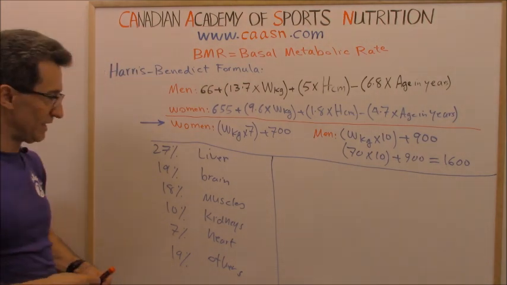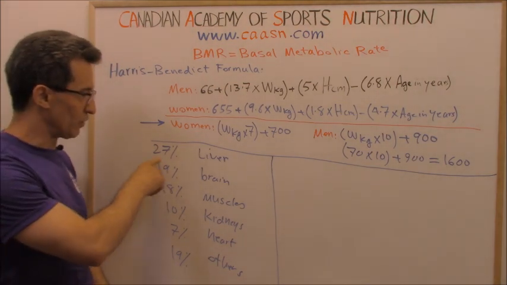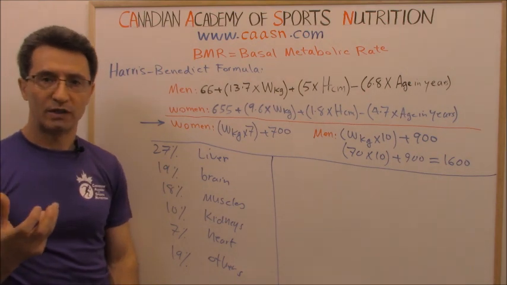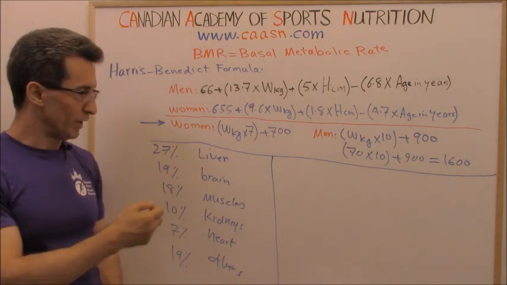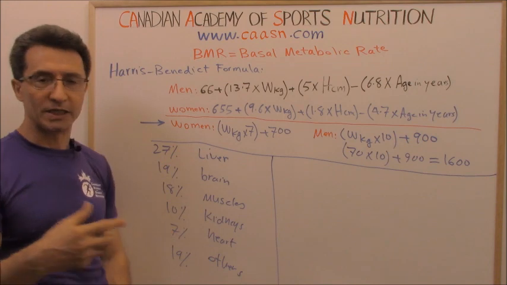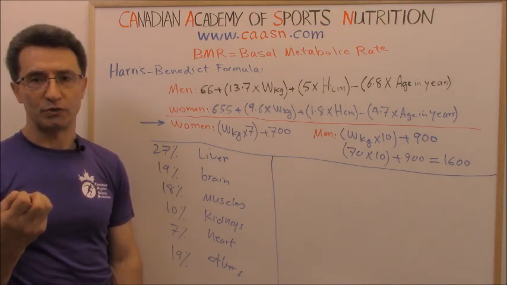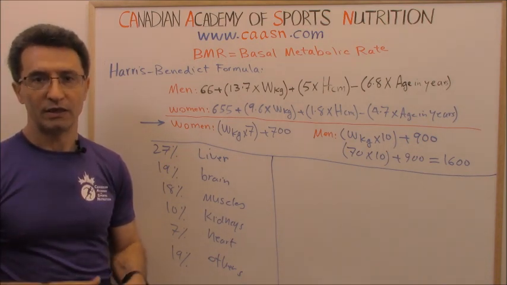So you can see in here that actually metabolically your liver is the most active one. Your liver is the organ in the body that is going to consume most of your basal metabolic rate.